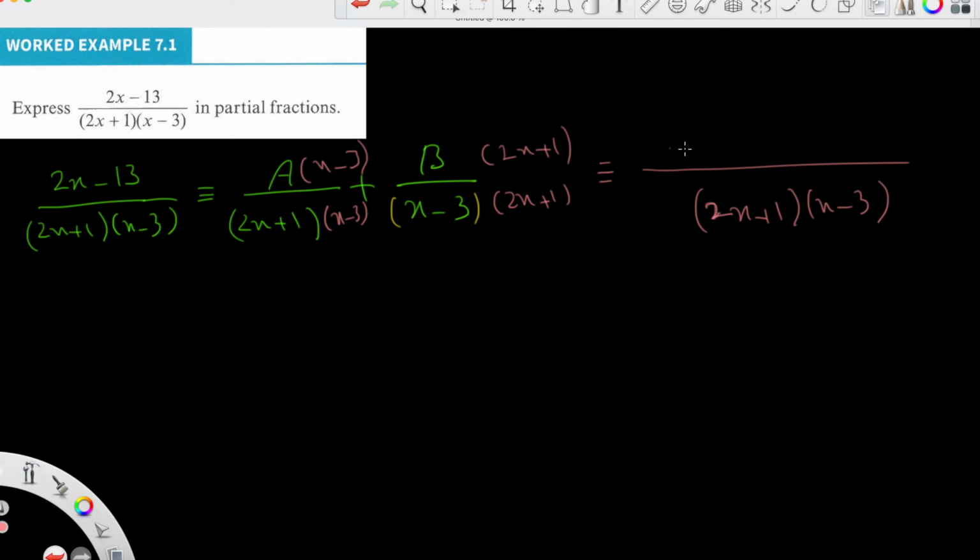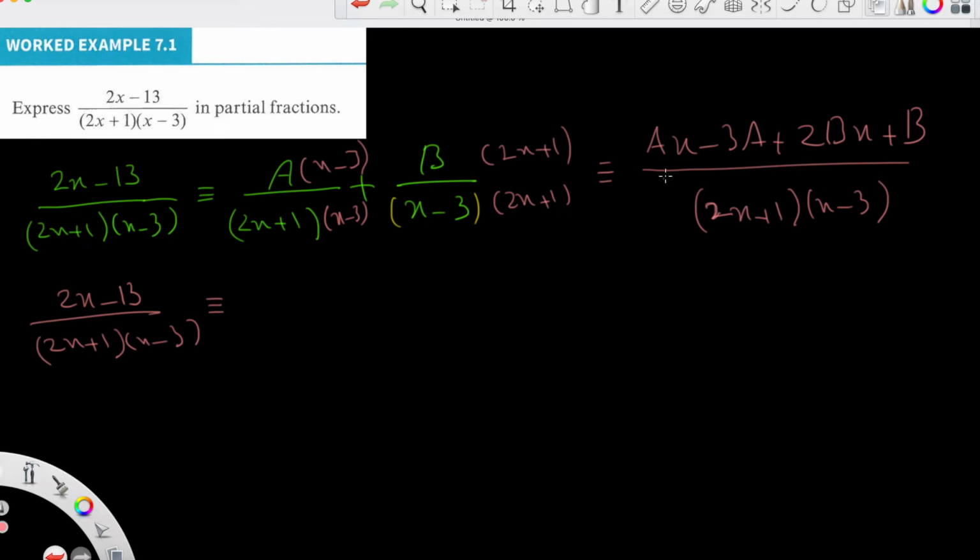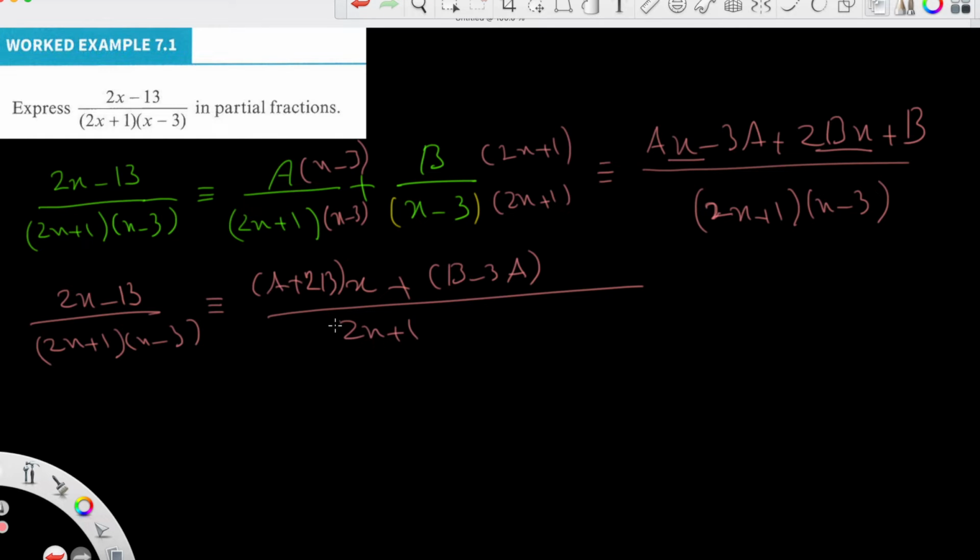Now I expand, it will be Ax - 3A + 2Bx + B. Now I write the left hand side, (2x - 13) over (2x + 1)(x - 3). Now these two are like terms. I factor x, write A + 2B, and these are the constant term. I write B - 3A over (2x + 1)(x - 3).